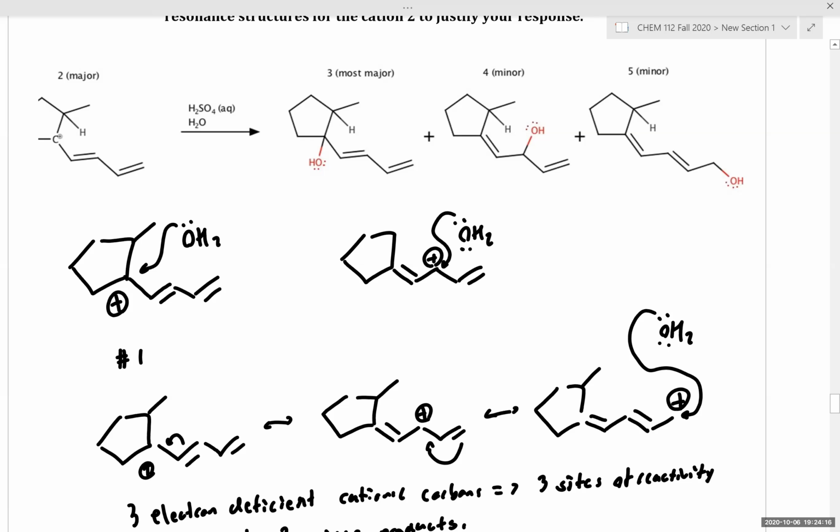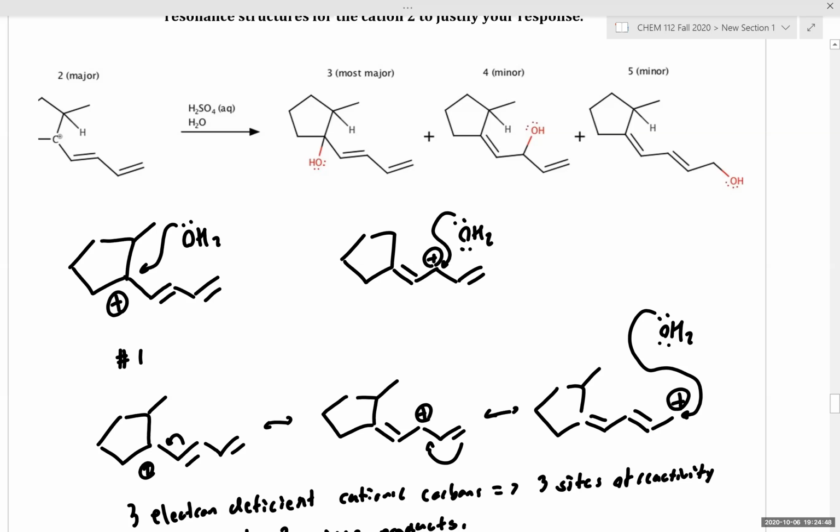Well, the argument that it's a secondary cation, ergo it's less stable, is not entirely comprehensive in this case, because you can make the same argument for why product 5 is minor because it's primary. By that logic, you would think that product 5 would be even less likely to form.